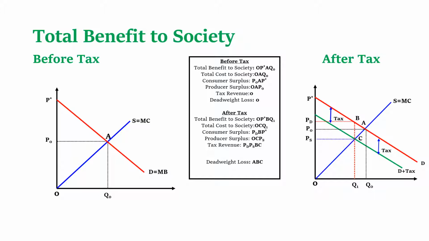Now, if supply is more elastic, then the producer is able to shift the entire burden of the tax to the consumer because the supply is more elastic than the demand. If the demand again is more elastic than the supply, then the consumer is able to shift the burden of the tax onto the producers because they are able to run away from the good. They are not going to buy the good. That is the only way you're going to avoid the tax.